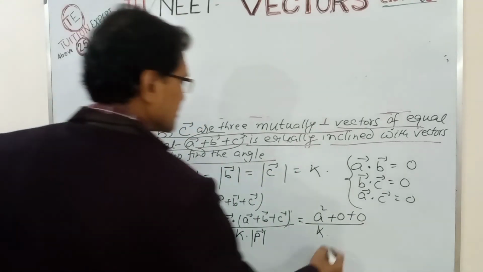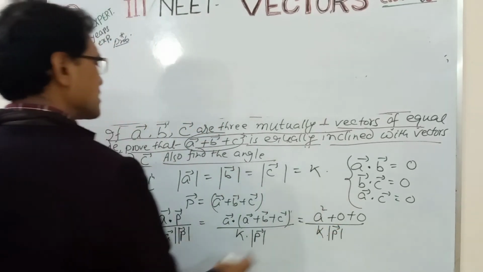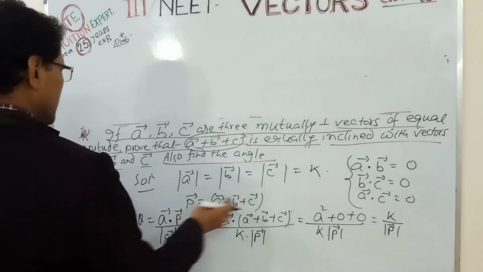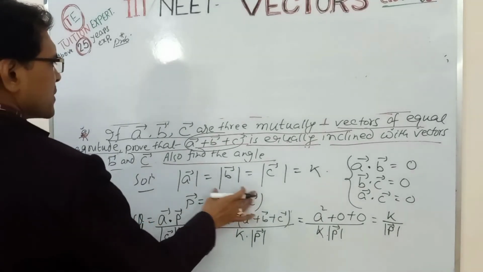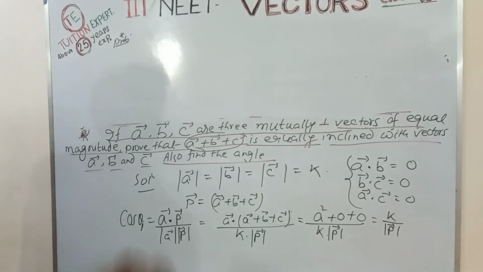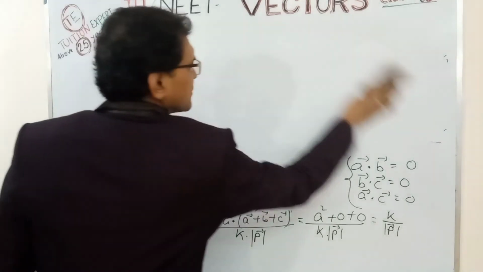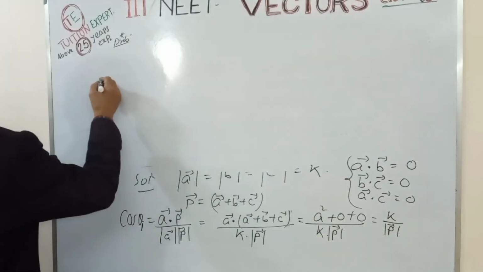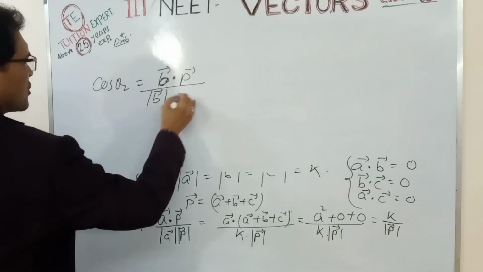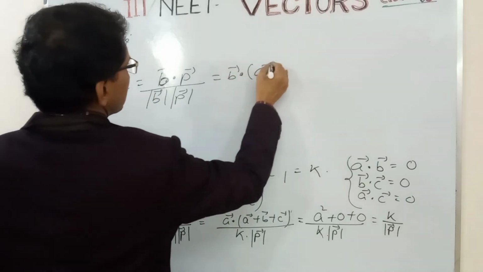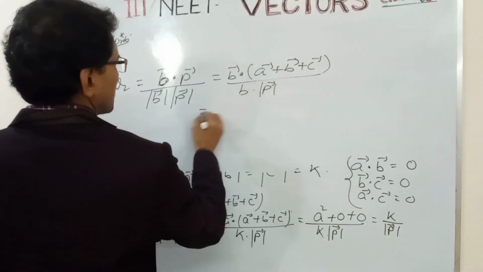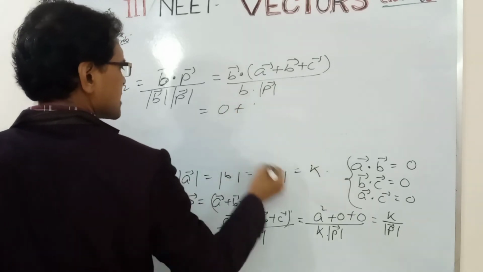So this becomes K by mod P. Similarly, suppose this vector makes an angle theta 1 with A, and this vector makes an angle theta 2 with vector B. So we can write cos theta 2 equal to B dot P by mod B into mod P. B dot A is 0, B dot B equal to B square, B square means K square.